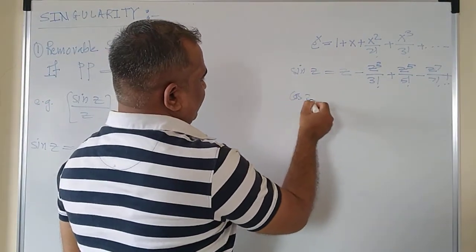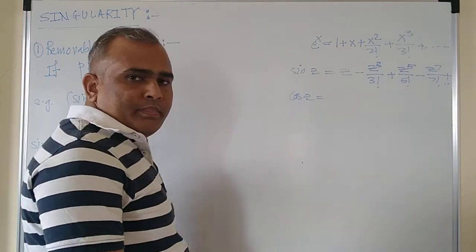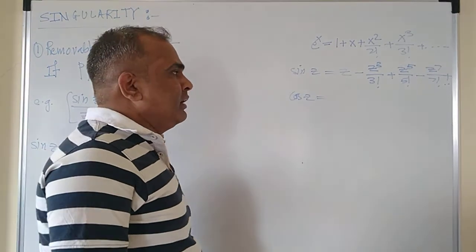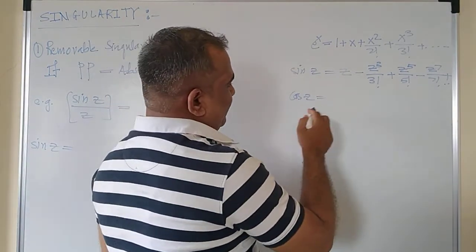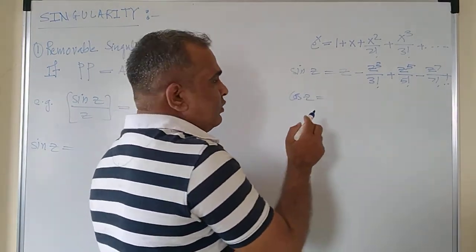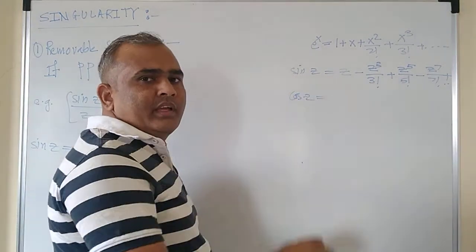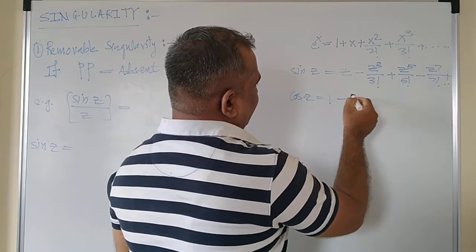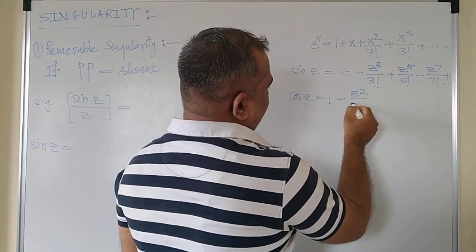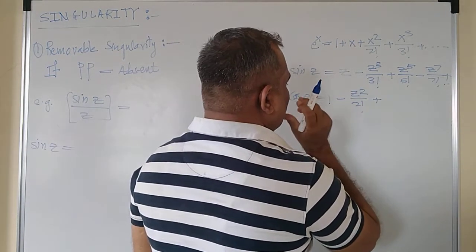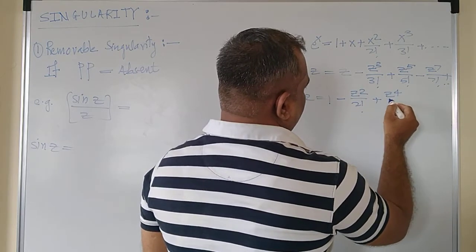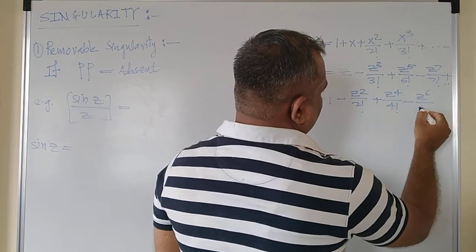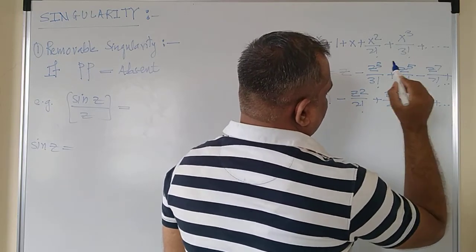Similarly, cos z is an even function, and hence it starts with even powers, alternate plus minus signs, same thing. So z raised to 0 is 1, and 0 is an even power. So the first term you will get is 1 minus z square by 2 factorial plus z raised to power 4 by 4 factorial minus z raised to power 6 by 6 factorial plus dot dot dot.